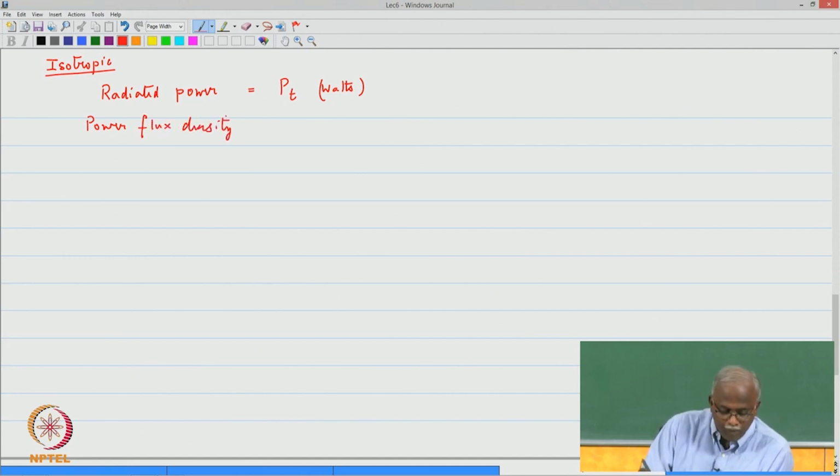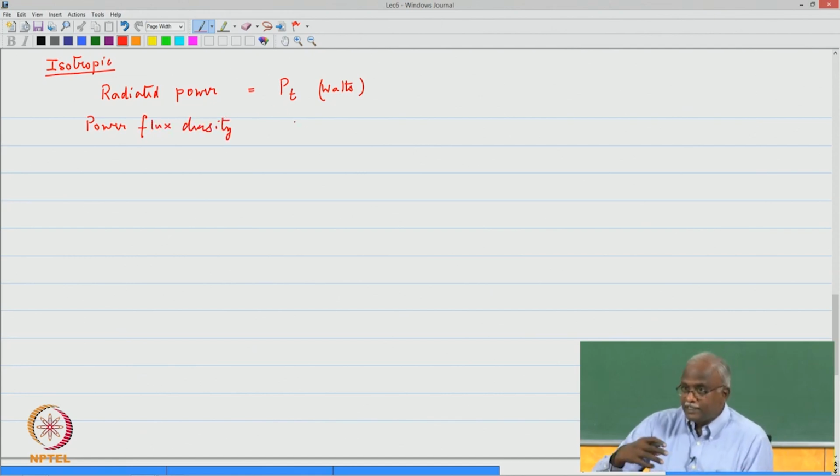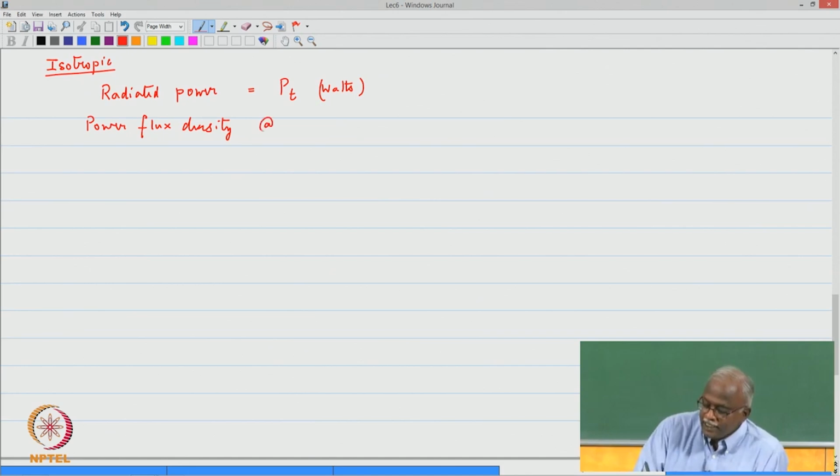This is the total power that is radiated, experienced at a unit area at a radius r from the point source.